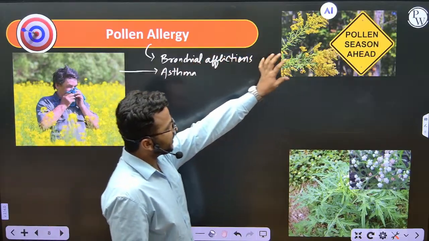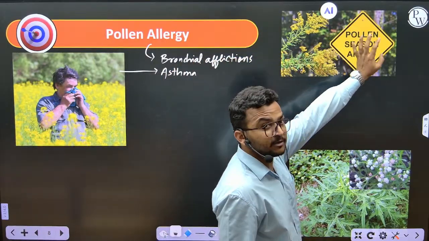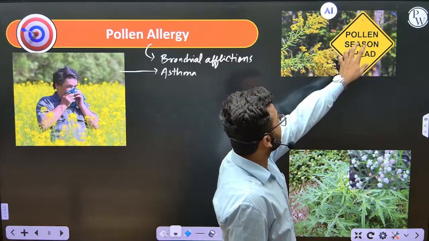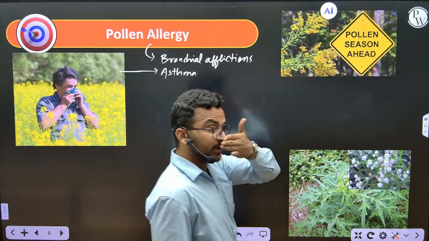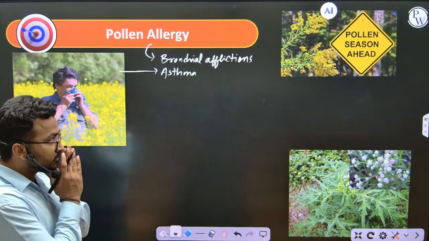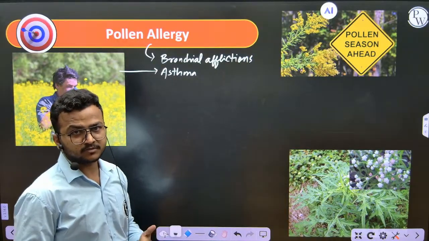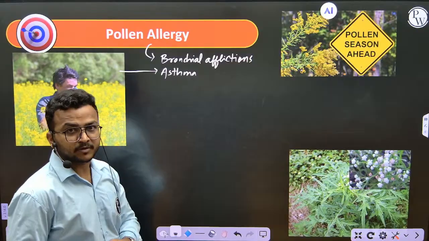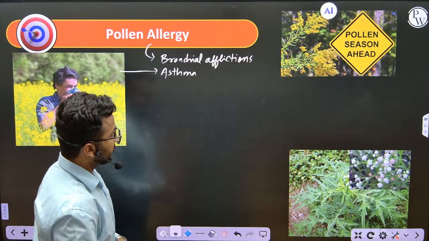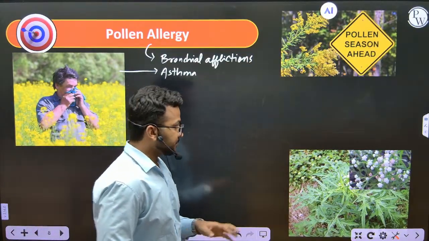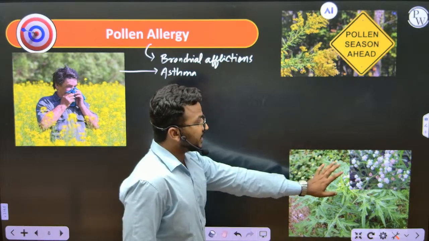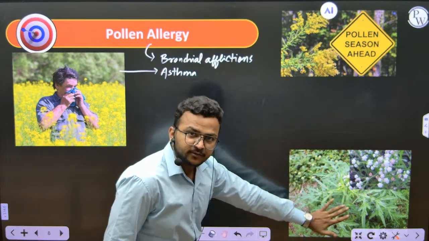In foreign countries, there will even be signboards like pollen season ahead. So we need to cover the mouth and nose, so that the pollen grains should not affect our nose, and should not enter our lungs and the trachea there. If you take this plant, you might have seen it.